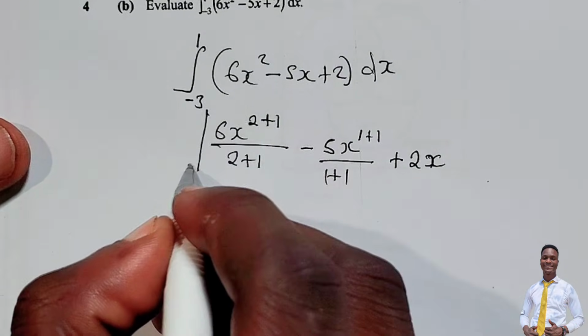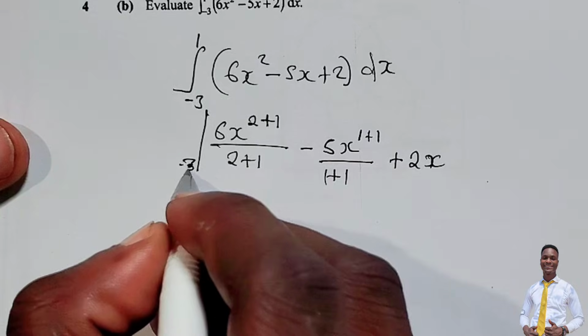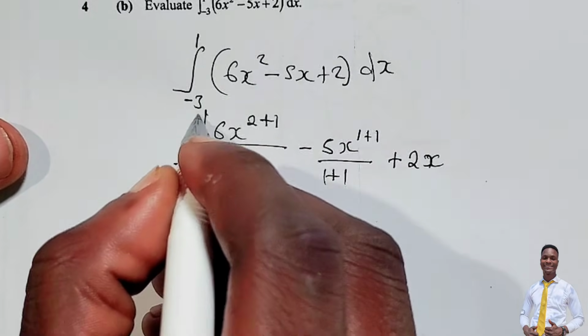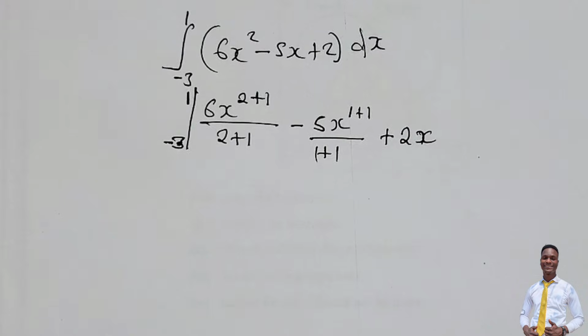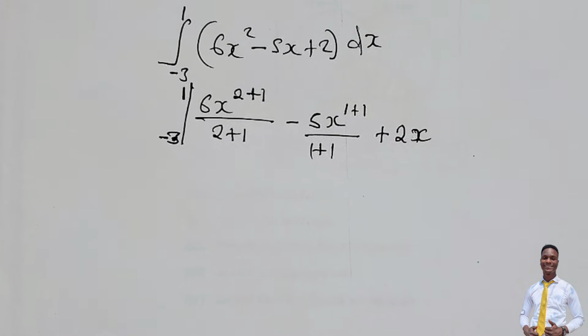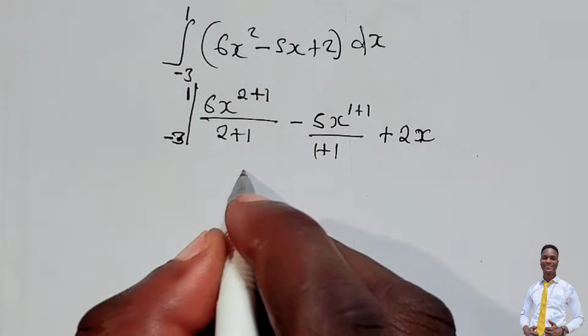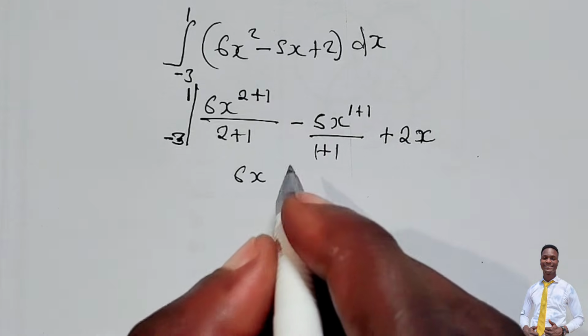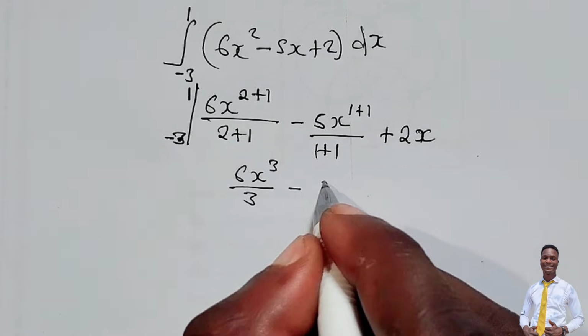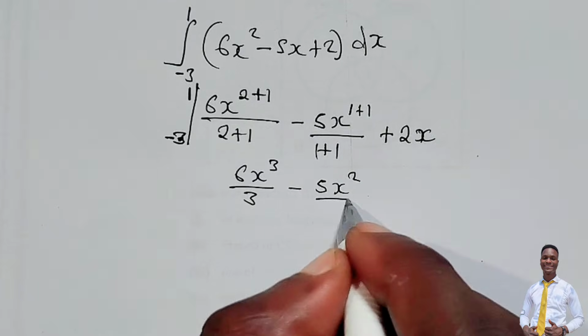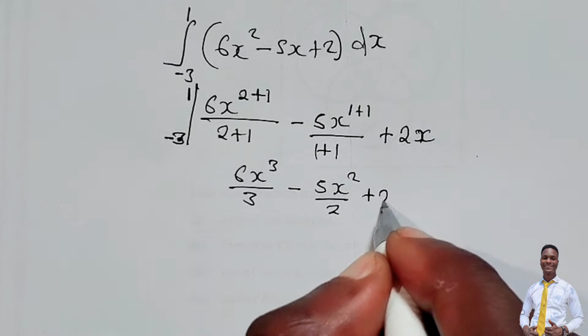The upper limit is 1. Lower limit is negative 3. So let's solve. We have 6x to the power 3 over 3 minus 5x to the power 2 over 2 plus 2x.